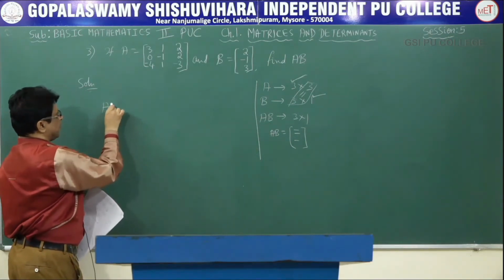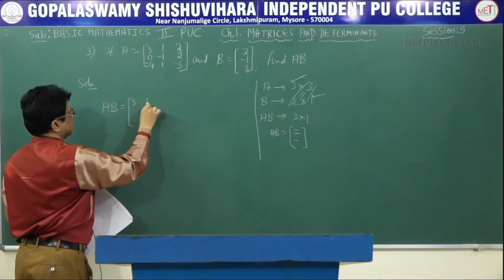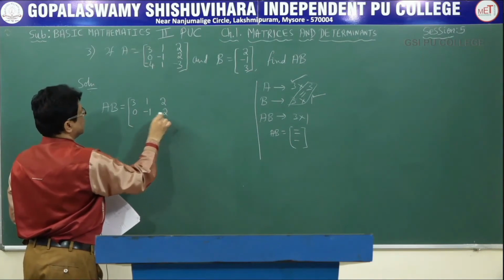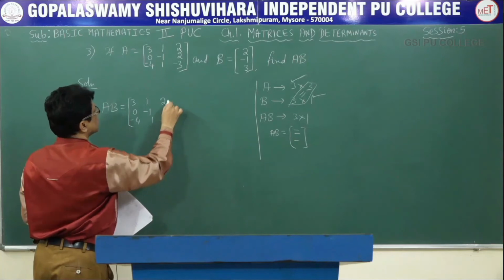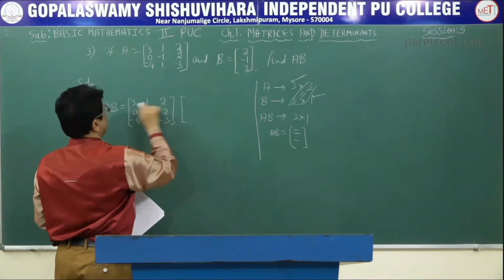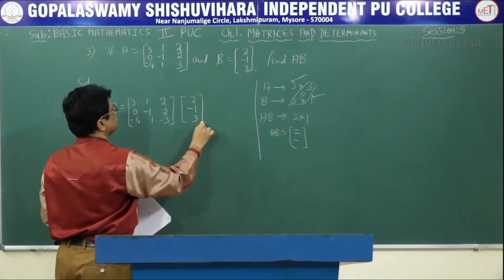So let us find the product AB. So [3, 1, 2; 0, -1, 2; -4, 1, -3] into B matrix, which is [2, -1, 3].